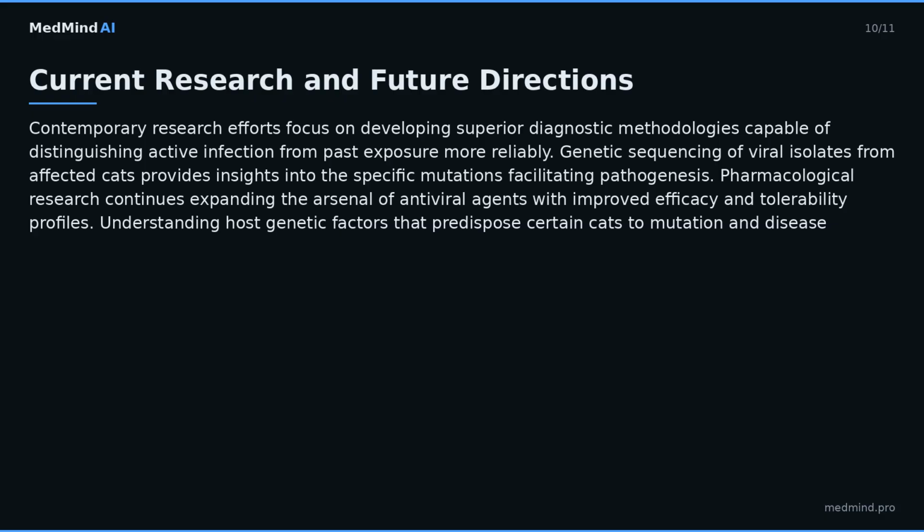Pharmacological research continues expanding the arsenal of antiviral agents with improved efficacy and tolerability profiles. Understanding host genetic factors that predispose certain cats to mutation and disease development may eventually enable identification of at-risk individuals before clinical signs emerge. Additionally, investigation into the immunological mechanisms governing recovery versus progression promises to unlock strategies for enhancing favorable immune responses.